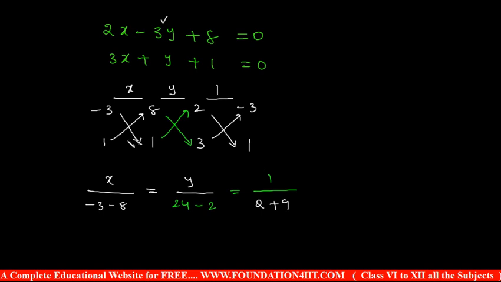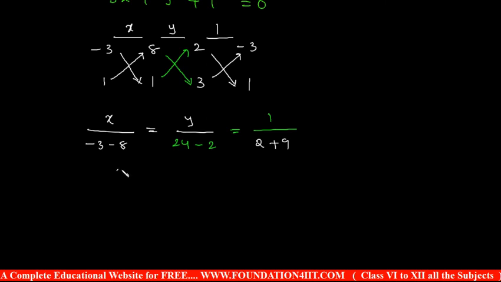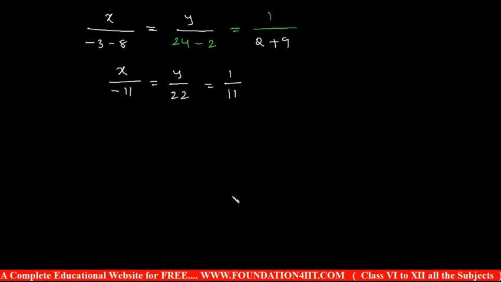This is the first step: y coefficients, constants, x coefficients and again y coefficients, with x, y, 1 above like this. Let's simplify this. x by minus 11 is equal to y by 22 is equal to 1 by 11. From this you can find the x and y values.